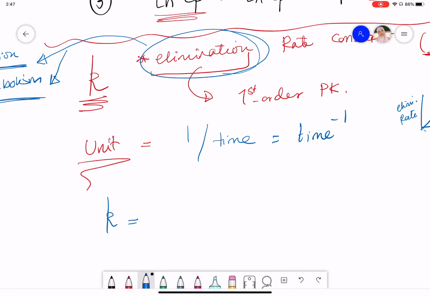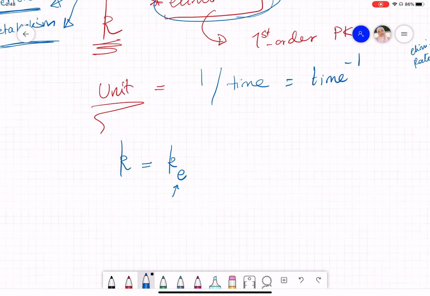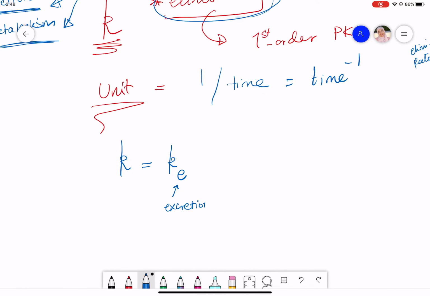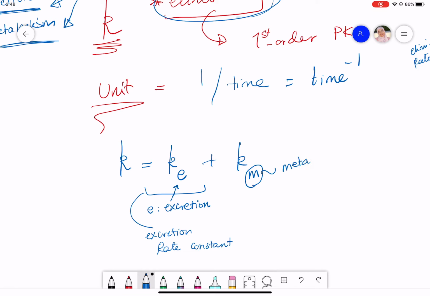So it would be equal to Ke, which is one of the symbols for excretion, okay? And this would be the excretion rate constant, okay, plus Km. M here is short for metabolism, and this would be the metabolic or metabolism rate constant.